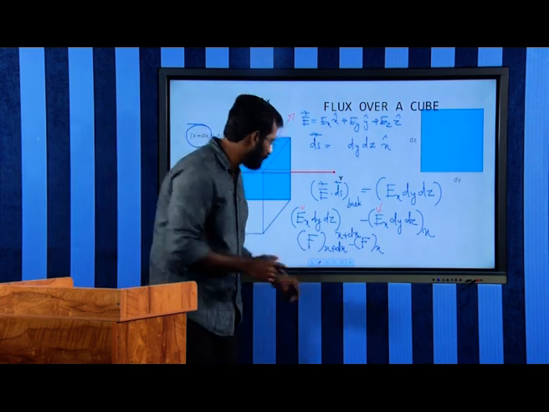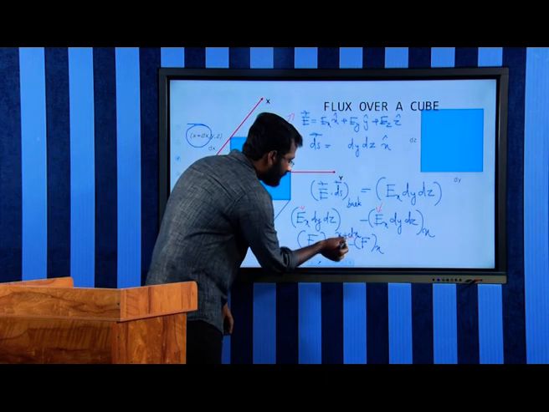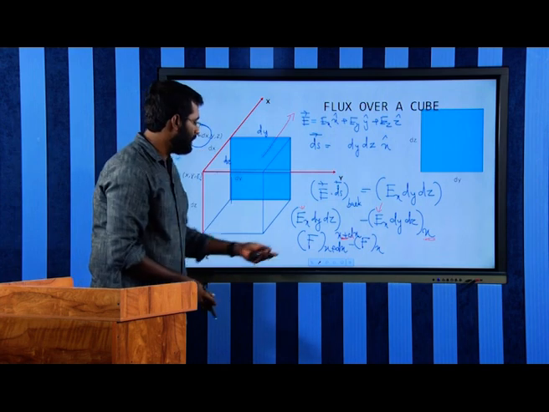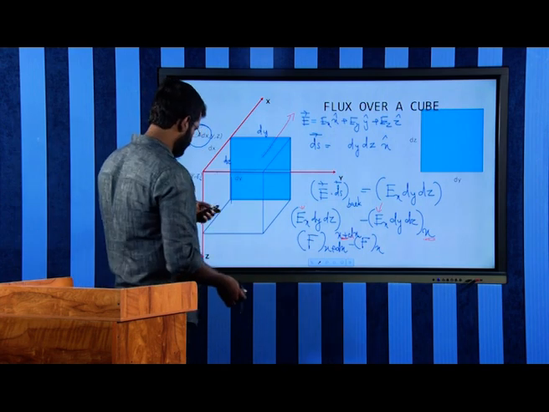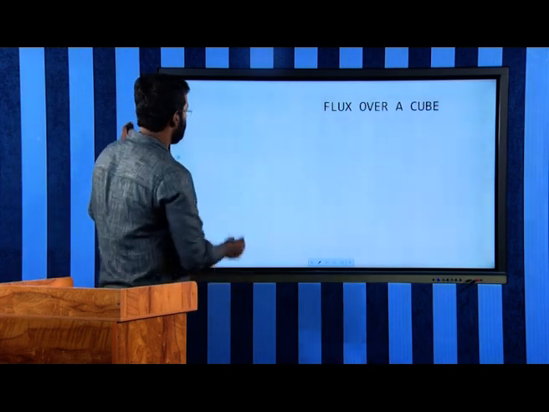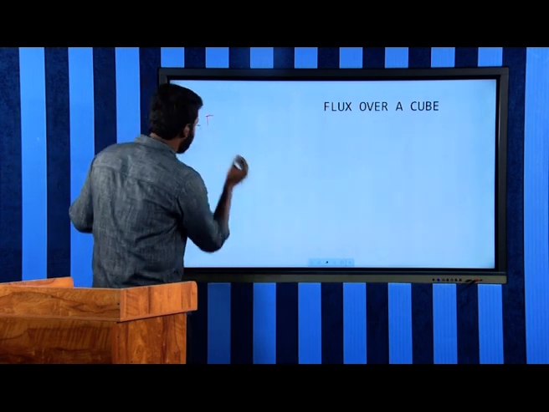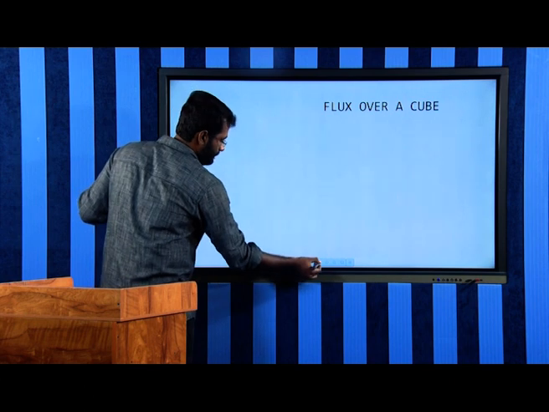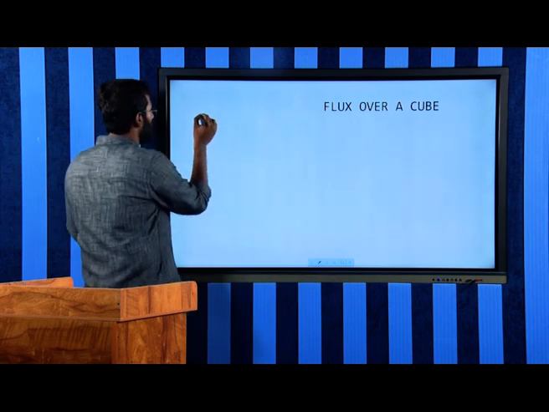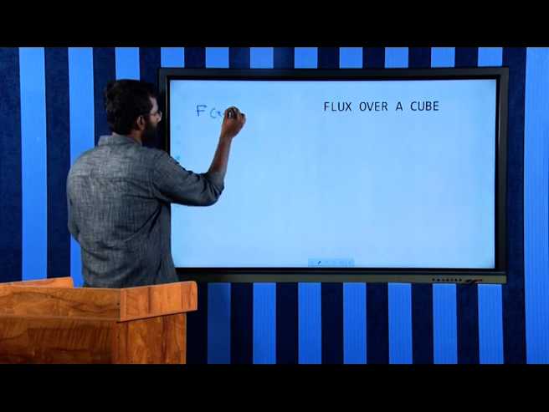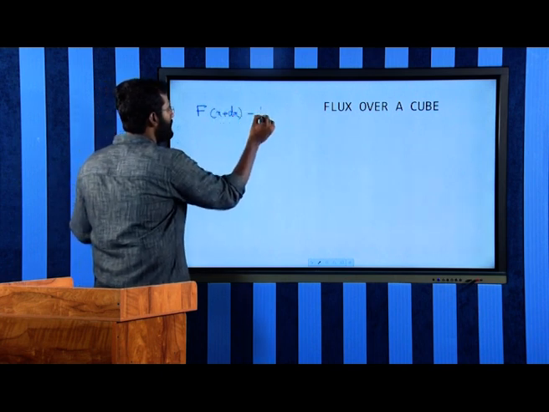That is why we represent it using x plus dx and x. Now we are taking it into the function, that is we are writing it as f of x plus dx minus f of x.